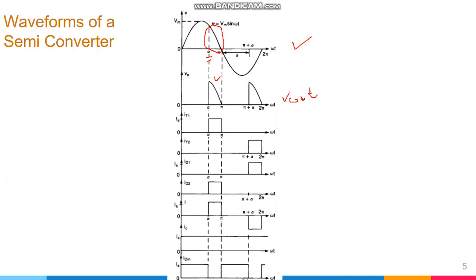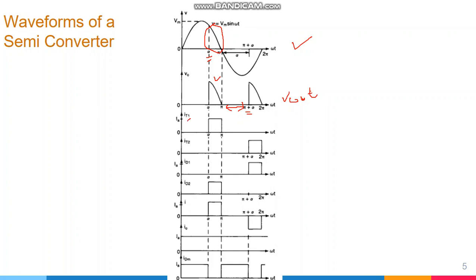And in order to obtain a symmetrical waveform during both the positive half and the negative half, the same angle delay was introduced in the negative side as well, and it was triggered at pi plus alpha, and the conduction time is from pi plus alpha to 2 pi, and during this time the second thyristor was operating.